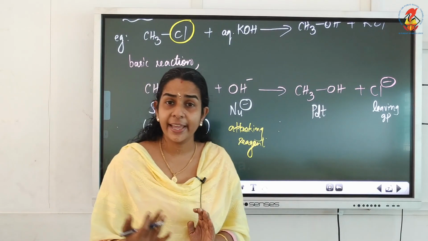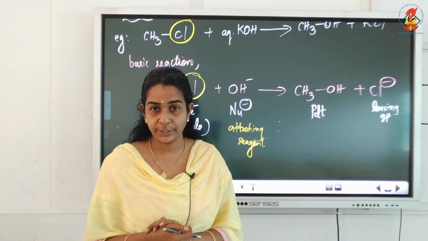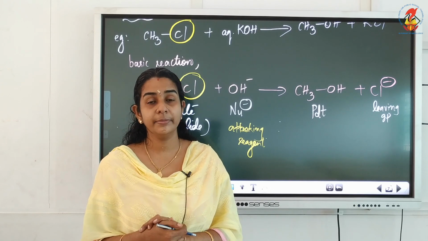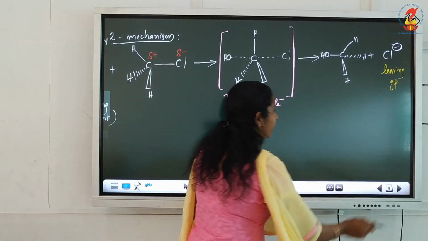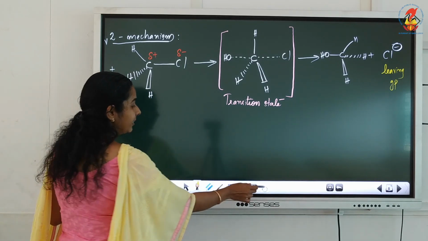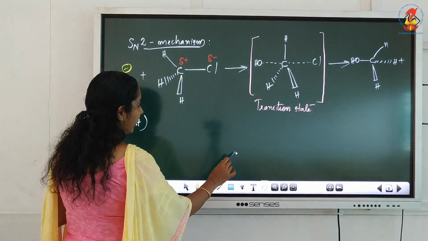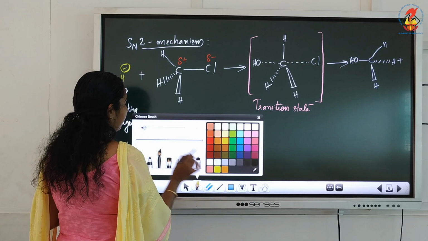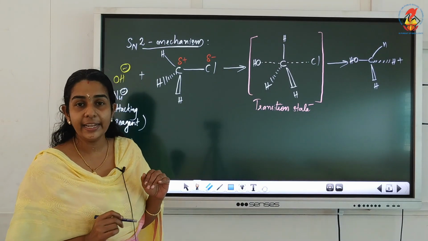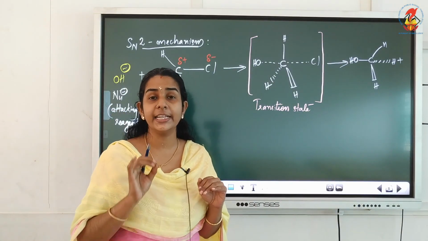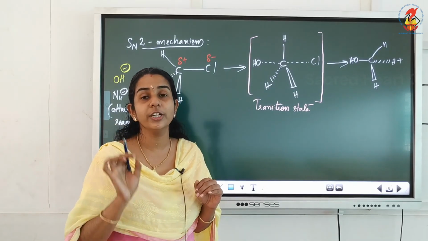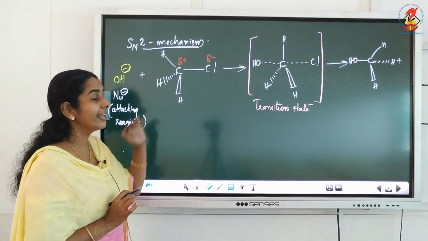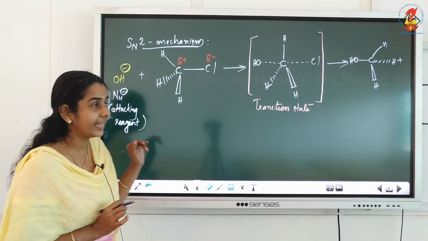Now what is the mechanism of this reaction, or what is the mechanism in SN2? In order to write the mechanism, first we have to expand the alkyl halide, and when we expand it, we need to expand only the X attached carbon atom. So here the reactant alkyl halide was CH3Cl.